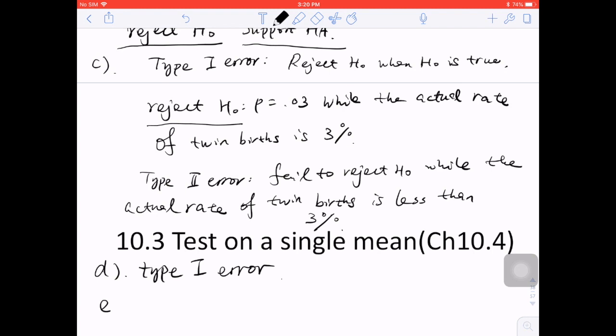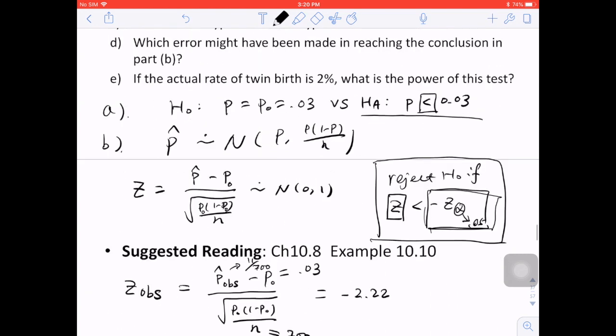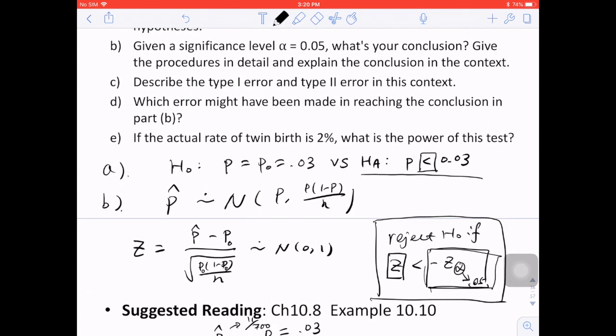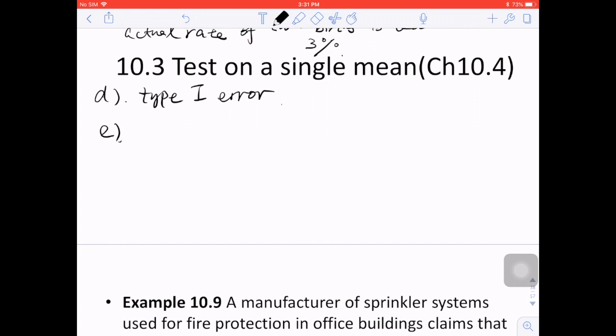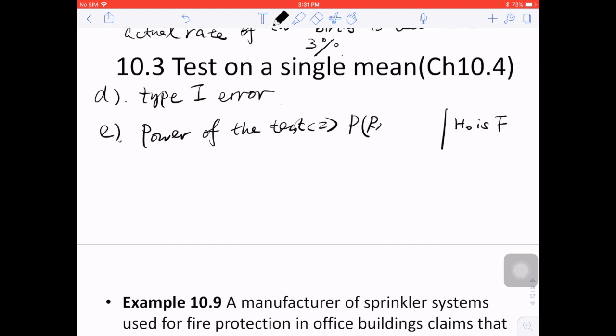All right, so the last question, question E. If the actual rate of twin births is 2%, what is the power of this test? So recall the power of the test is the probability when H0 is false and you reject H0.